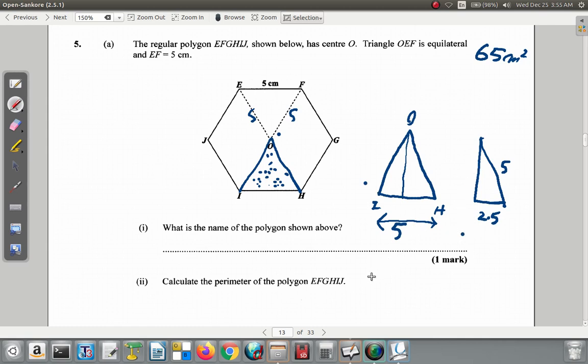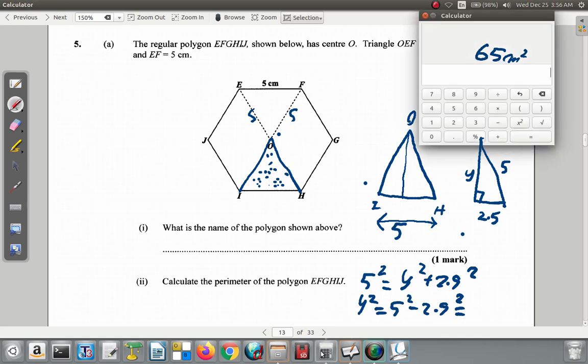So therefore you would say the hypotenuse squared, the right angle would be here, so 5 squared is equal to, let's call this y, squared plus 2.5 squared. So you would say y squared is equal to, when you transpose it, 5 squared minus 2.5 squared. Let's reach for a calculator.